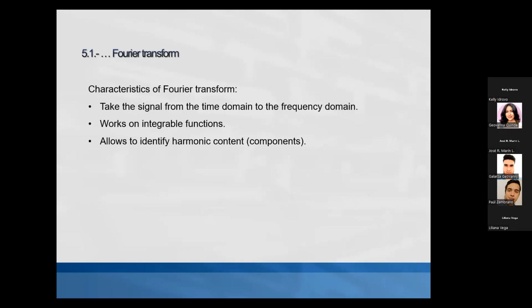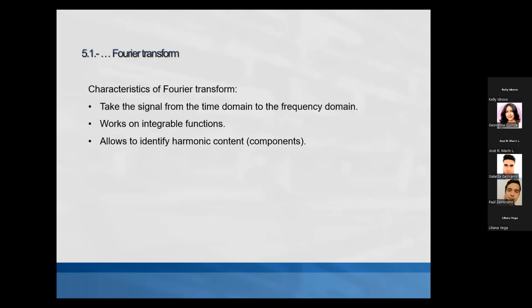And this is one of the most useful characteristics, right? It allows us to identify harmonic content. That's something that we did in the mechanical vibrations course. We took a function, remember the oscillation of a 2 degree of freedom system, and after applying the Fourier transform, we were able to identify the frequency content of that signal.